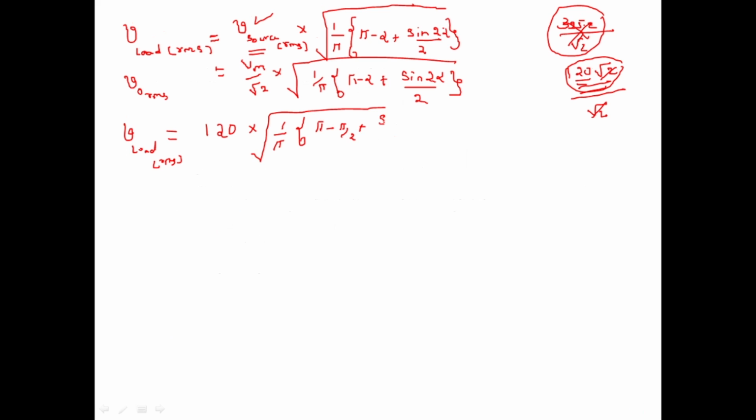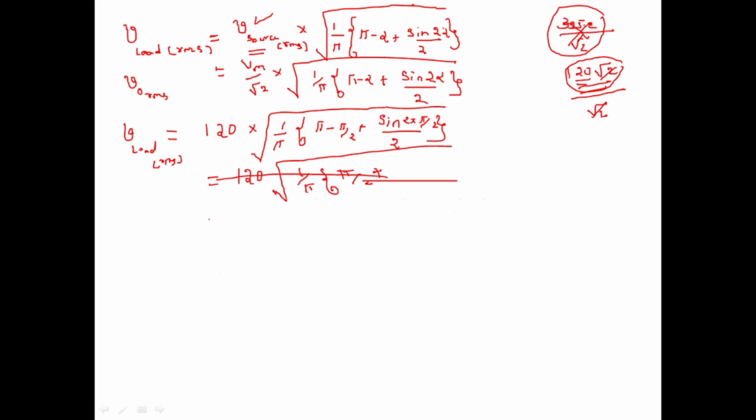Pi minus alpha plus sine 2 alpha, 2 into pi by 2, divided by 2. Sine pi minus pi by 2 is pi by 2.